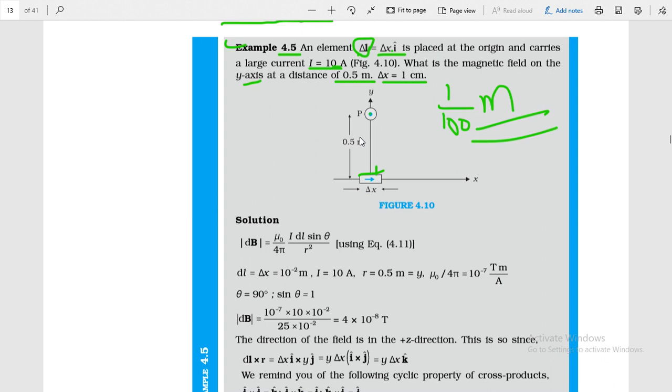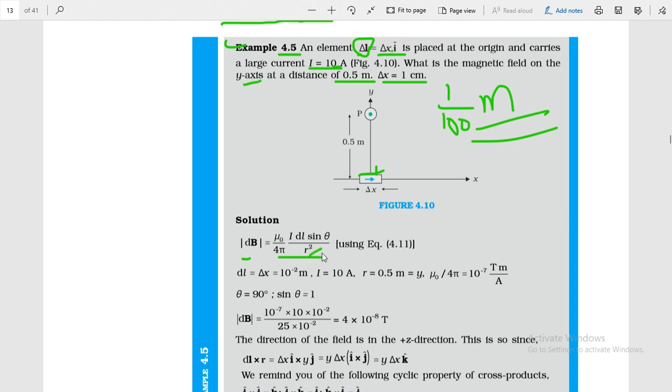As we know this question is based on the Biot-Savart law, let us write the formula. The magnetic field at point P due to the current carrying element dl is given by this equation: dB is equal to mu naught upon 4 pi, I dl sin theta upon r square.